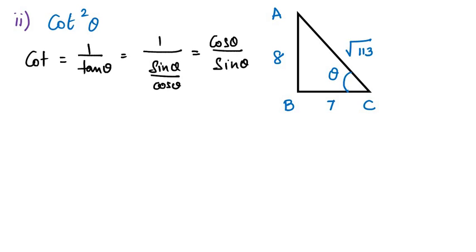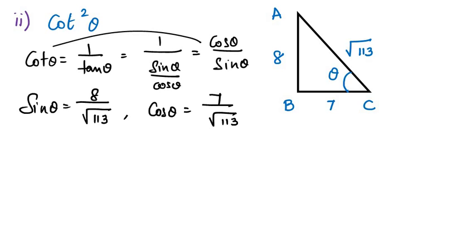So we can replace cot theta as cos theta by sin theta. We know the value of both of these ratios from the previous subdivision and from the given diagram.